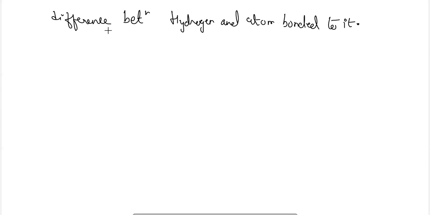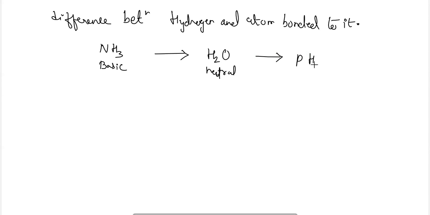For example, we will see increasing acidic character when we are moving from left to right in forming the compounds. NH3 is more basic in comparison to H2O, which is neutral, while PH3 will be acidic in nature.